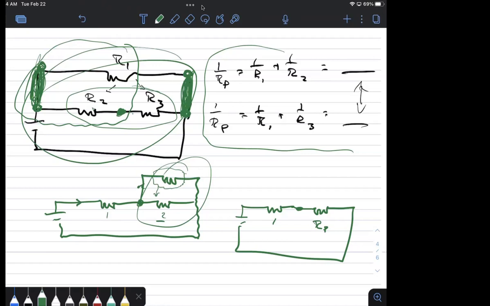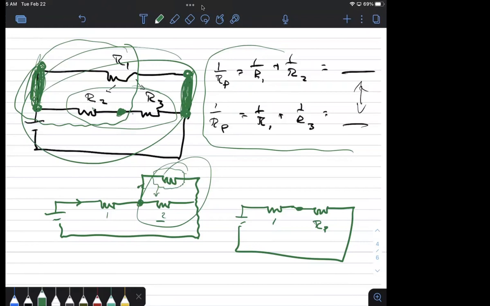However, I teach Physics 323, which is the circuit analysis class, where the whole semester is just circuits. There, after we learn this Ohm's law stuff, we learn things like mesh analysis, loop analysis, delta-Y transformations, very fancy techniques.